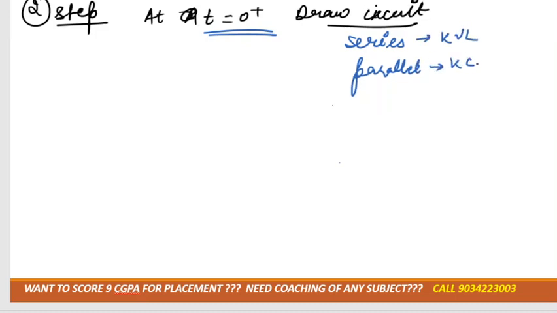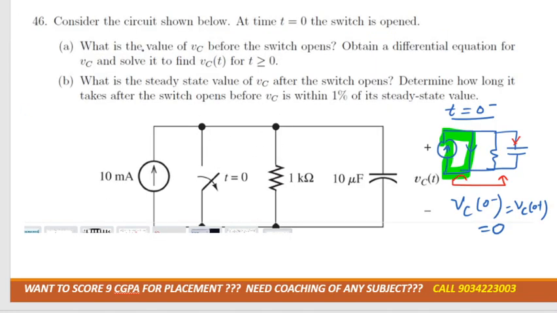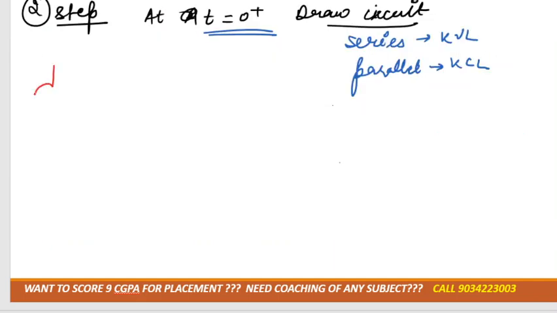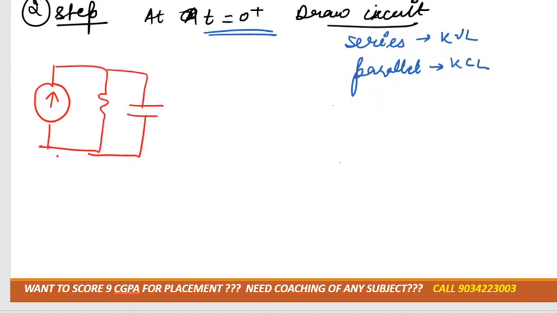If it's in parallel, you apply KCL. Now draw the circuit at t equal to 0 plus. Opened or closed? Closed means don't consider this wire. Then the circuit would have current in the resistance and the capacitor.